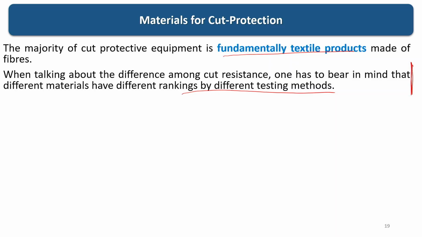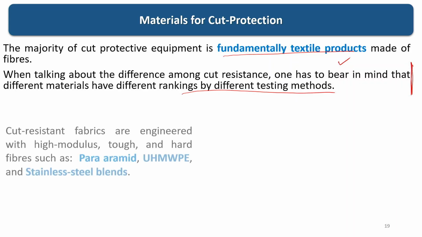Different testing methods have different processes of cutting, and a material which shows higher cut resistance for a particular type of cut may fail in another type of cut. So, the process of cutting is responsible for the different cut resistance properties.